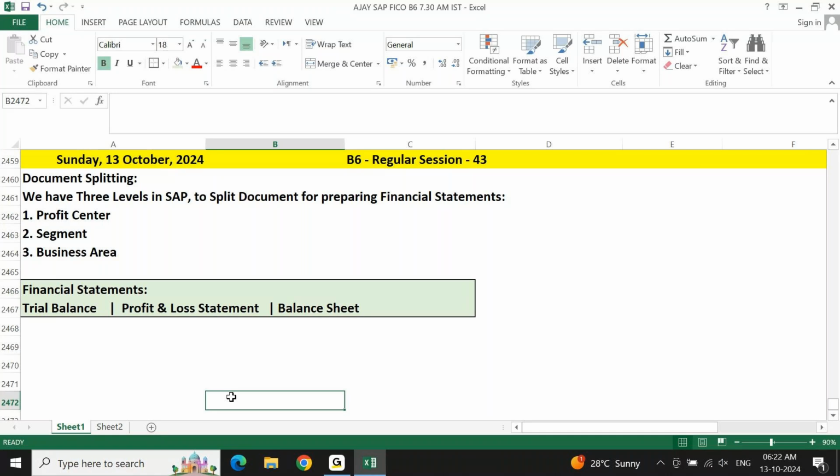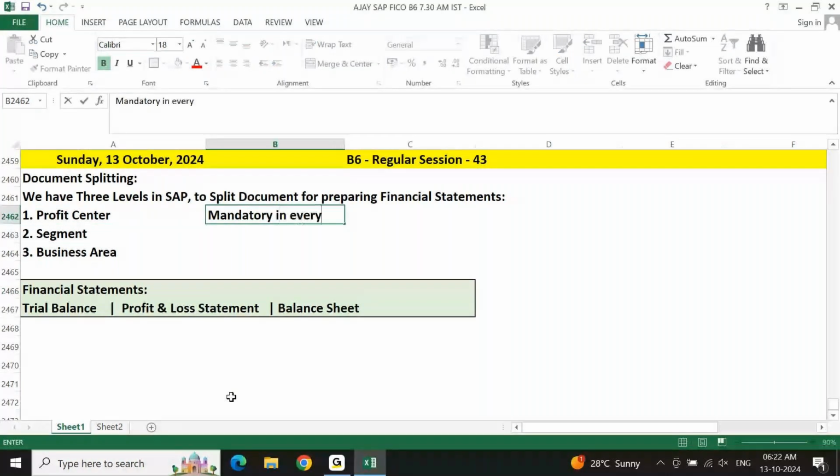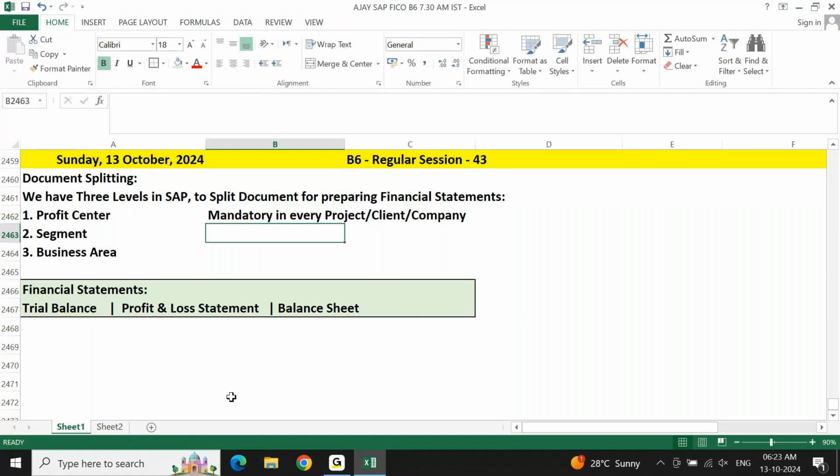Again, from these three levels, not everything is mandatory. Profit center is mandatory in every project, or in every client, or in every company. Everywhere this is mandatory. Wherever you're working on SAP, it is standard.